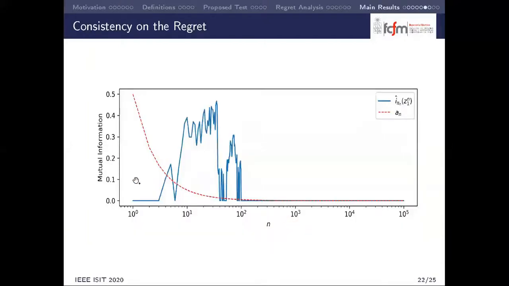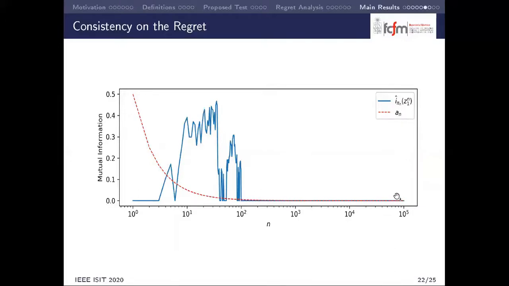So if we compare our statistic, which is the empirical true likelihood statistic, with a polynomial, in this case of degree -1, we can see that for few samples this can be larger, okay, but eventually this will converge to 0, and it will do so at a higher speed than this polynomial.